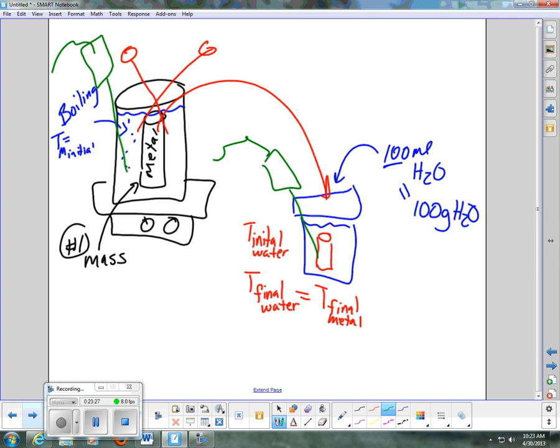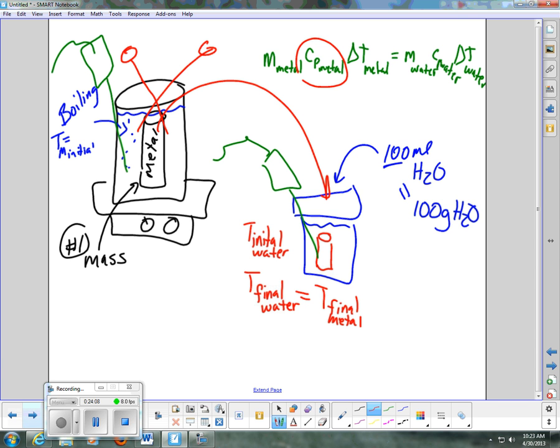So we're going to set the mass of the metal times the CP of the metal times the change of temperature of the metal equal to the mass of the water times the CP of the water, which we know, times the delta T of the water. What we're looking for is the CP of the metal. And we're going to see experimentally how close we can come to what it actually should be, and we're going to do a percent error.